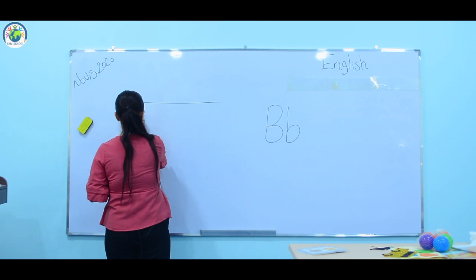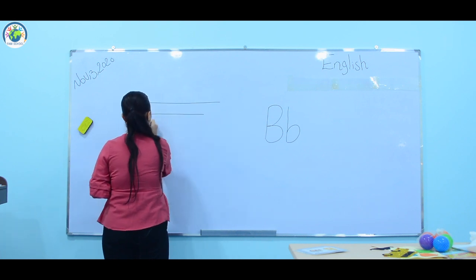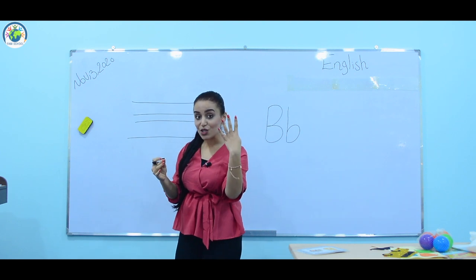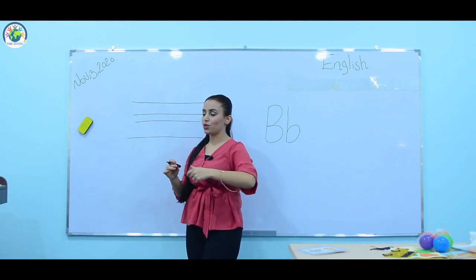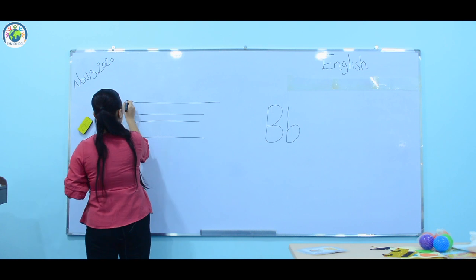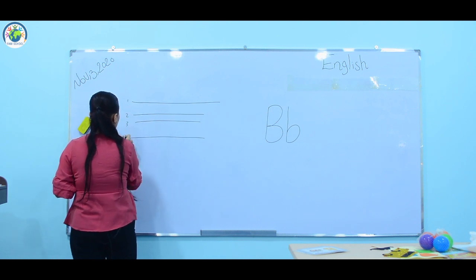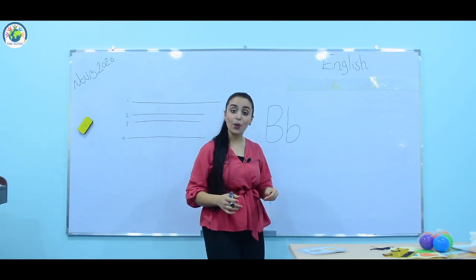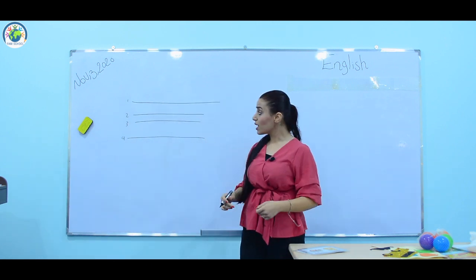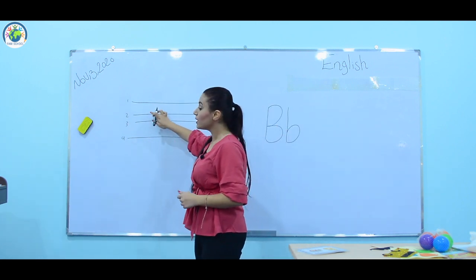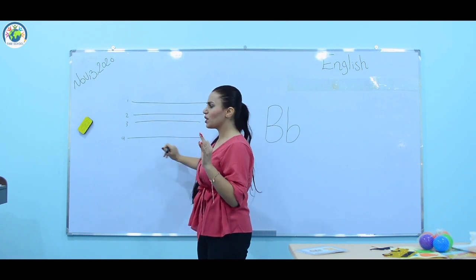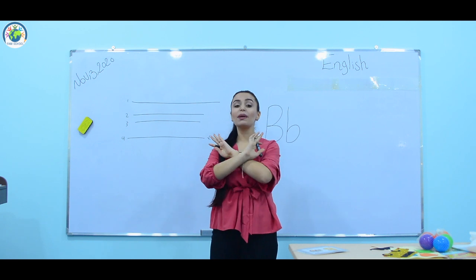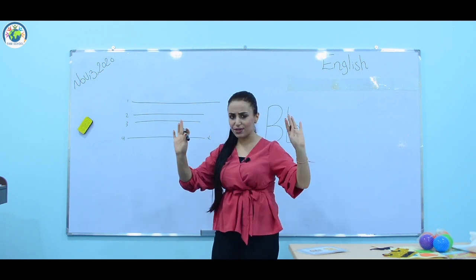We have, look, 4 lines, right? 1 line, 2 lines, 3 lines, 4 lines. But for writing B, how many lines do we need? 1, 2, 3. Not this one. This one will not be used. It will be omitted.